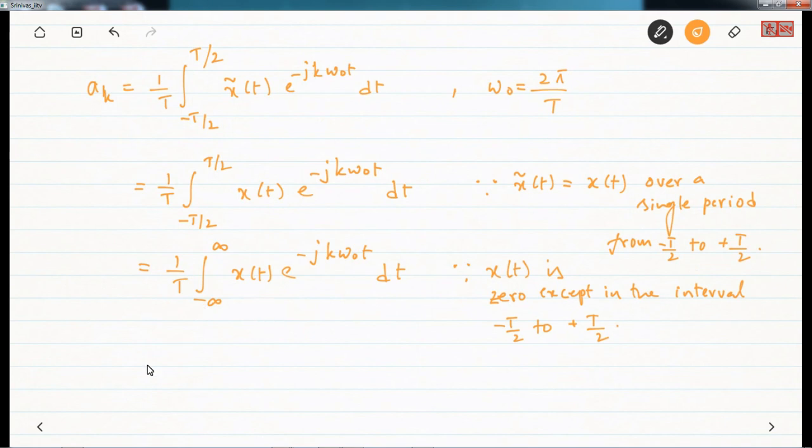So this again I am trying to express as 1 over T times X of j omega at omega equal to k omega naught, where omega naught is equal to 2 pi by T.